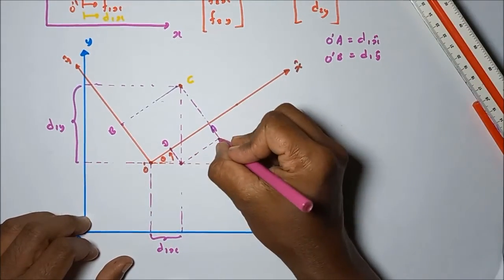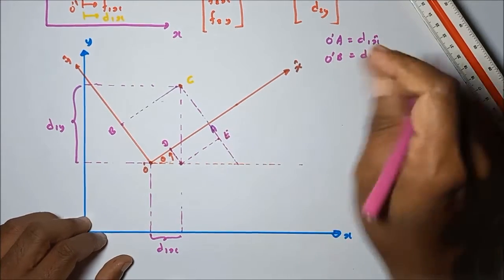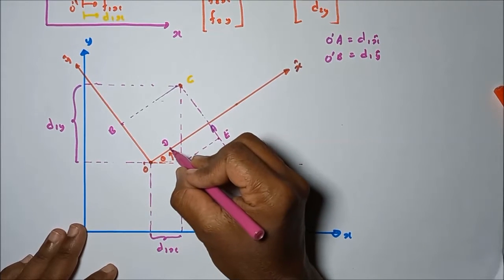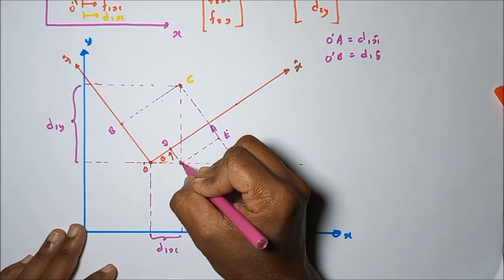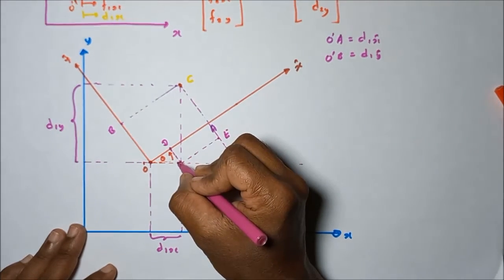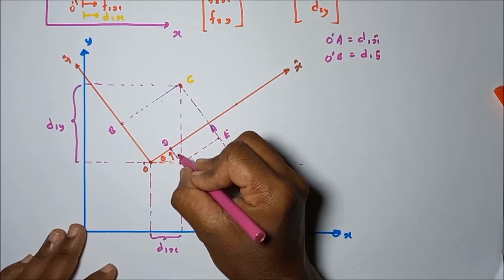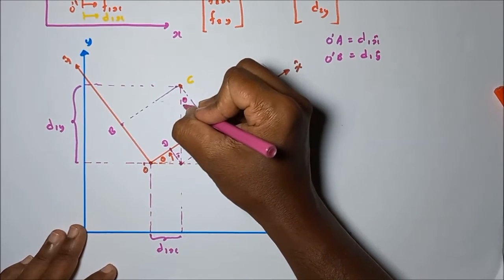Let's take this point as E. Then this angle is 90 degrees. This one is equal to 90 minus theta. Here it is theta. Here it is theta. Here is 90 minus theta. Here is 90. Here is theta.